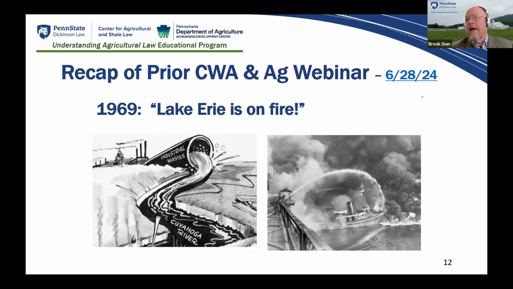So in any event, there's of course an actual photograph of the Cuyahoga River on fire, and that is always credited historically as the genesis or the impetus for the Clean Water Act, which of course was a massive change in federal policy in some ways, and I will just go over that.